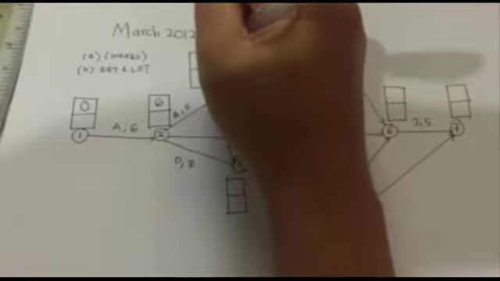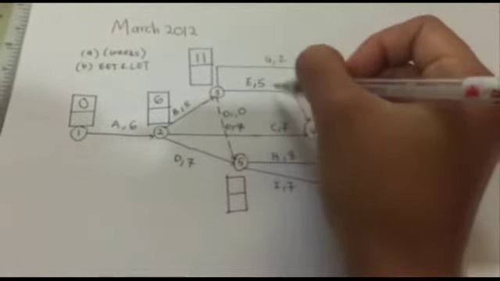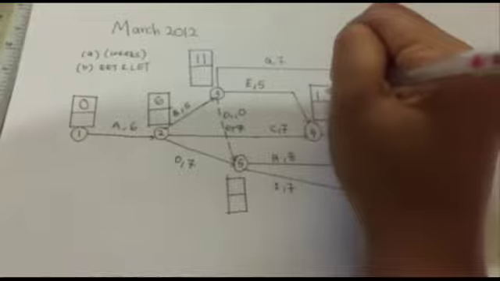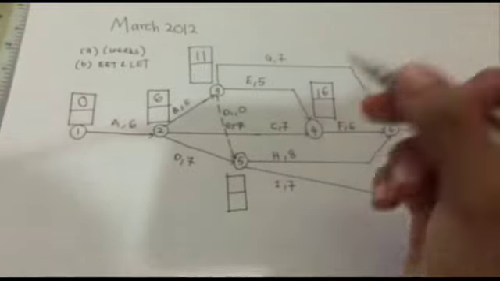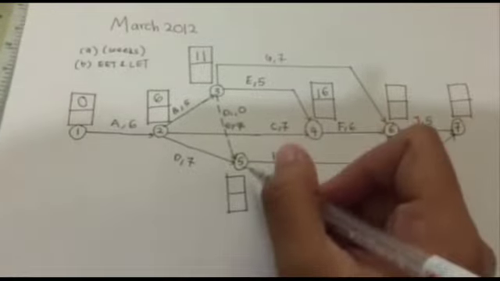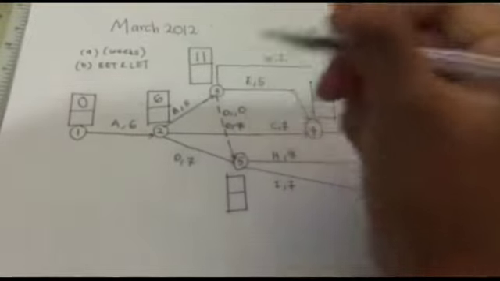Okay. So first we will start with 0. 0 plus 6, you will get 6. 6 plus 5, you will get 11. 11 plus 5, you will get 16. For event number 5, there are 2 arrows, from the dummy and also D. Dummy, the value is 0.